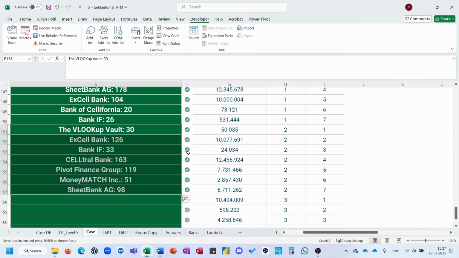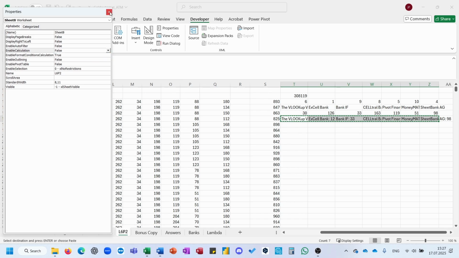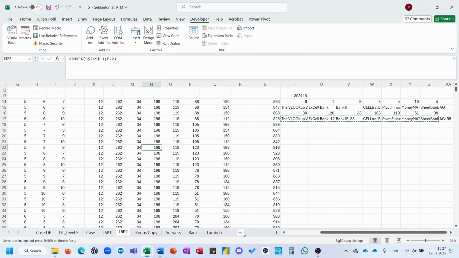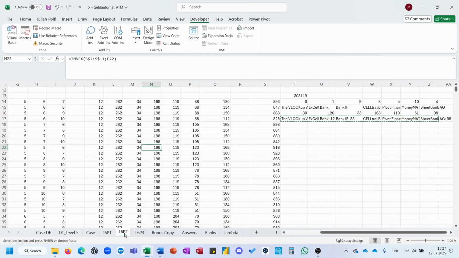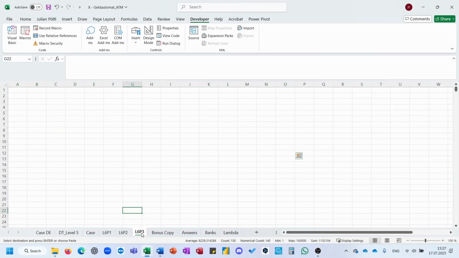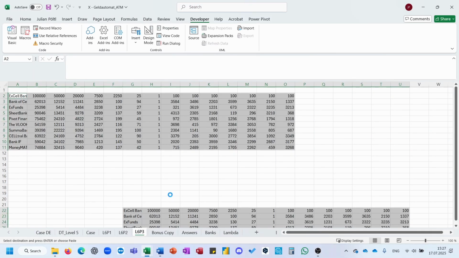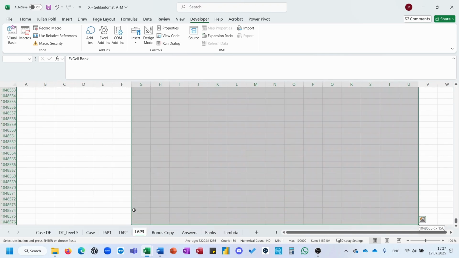Here we go. And now first turn off the calculations here. And use a third sheet for the third project. You see, Excel is on limit.